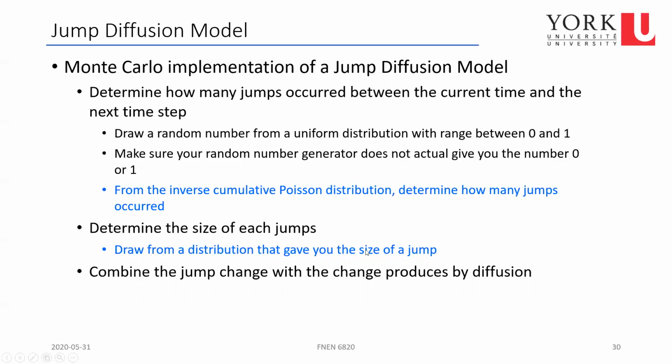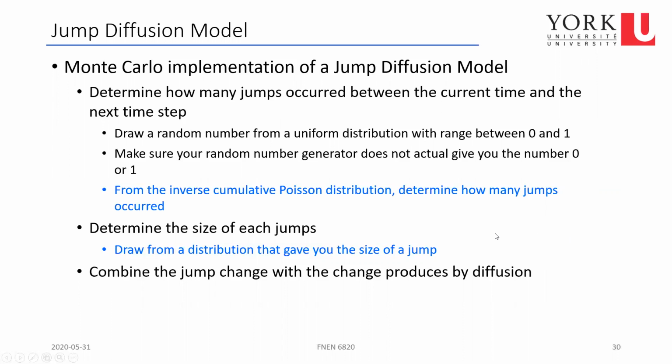Then you draw out of a distribution that gives you the actual jump size, and calculate the actual jump change that occurred in one time step. Then attach that to the change you have produced from the normal diffusion process, and adjusting for the expected change, you get the actual change that you will be simulating.